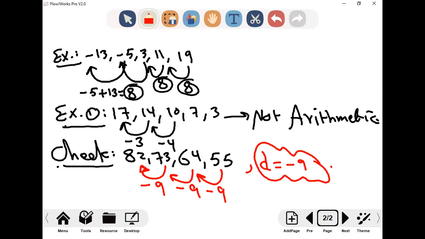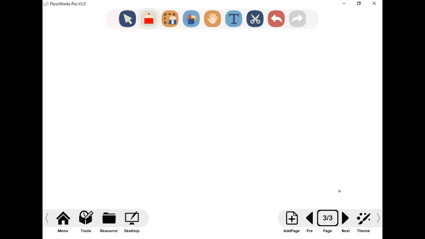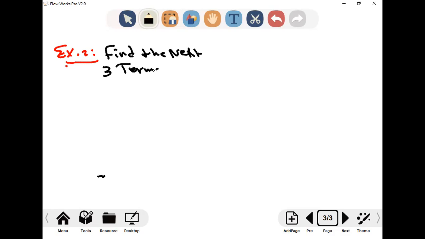So let's go to example 2. We have 11, 7, 3, negative 1. The question wants us to find the next 3 terms.